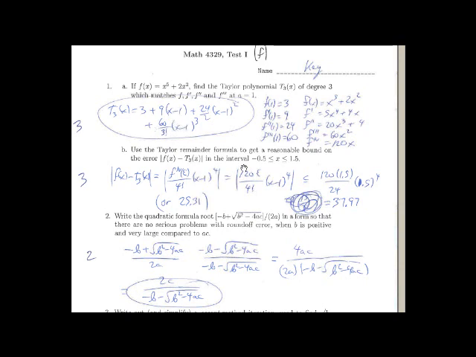Then error bound. Now this time it doesn't tell you what x is. So you need to know the Taylor error formula. It's Taylor polynomial degree n involves the n plus first derivative at some known point over n plus 1 factorial times x minus a to the n plus 1, a is 1. The fourth derivative is 120x, so the fourth derivative at psi is 120 psi over 4 factorial.